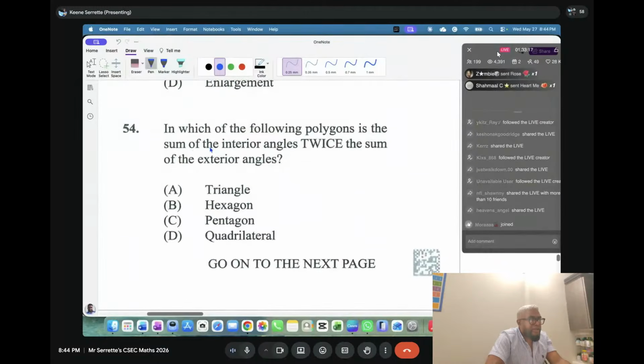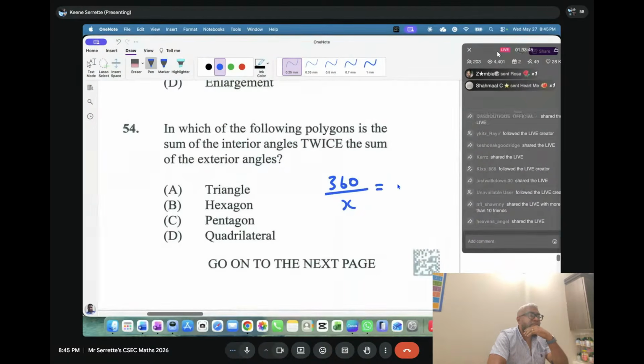Which of the following polygons has the sum of the interior angles twice the sum of the exterior angles? I think the answer is B. Watch it. The exterior angle is 360 over n, and the interior angle is 180 minus x. No, that's wrong.